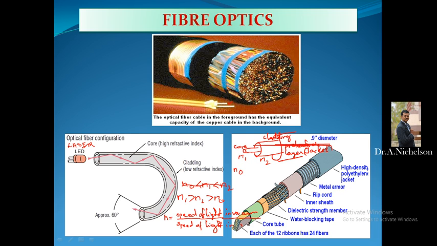Hope you have heard that the refractive index for air, that is n0, is equal to 1. Why? Because the speed of light in the vacuum and the air is more or less similar. You know the speed of light is 3 into 10 power 8 meter per second. Since the speed of light in air is also the same value, you will get the value 1.